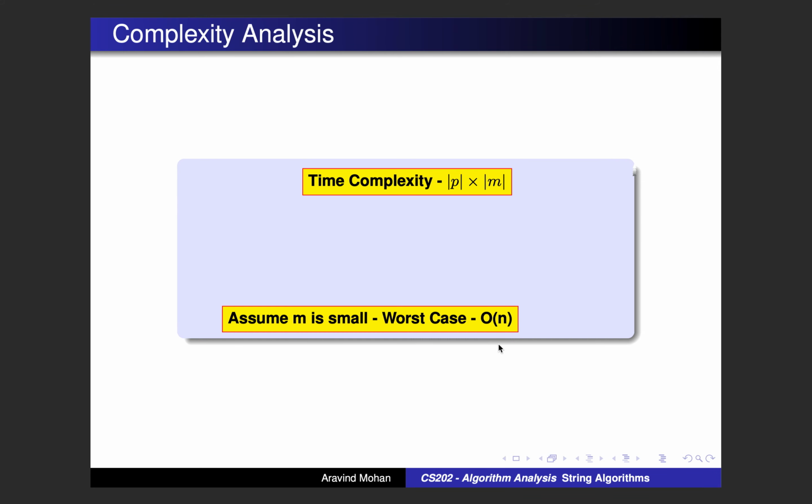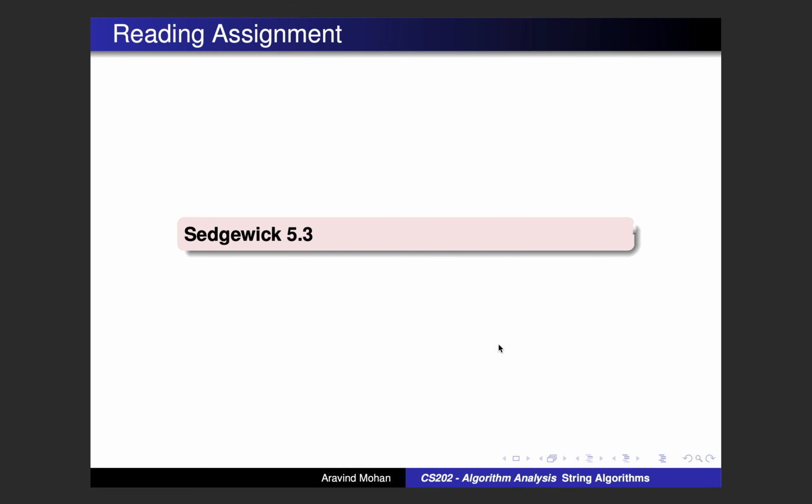So in terms of time complexity, it would be p times m, and if m is a very small number, the worst case would clearly be linear. It all depends on the hashing function as well. A good hashing function would result in a good time complexity in this algorithm, which would clearly take linear time.